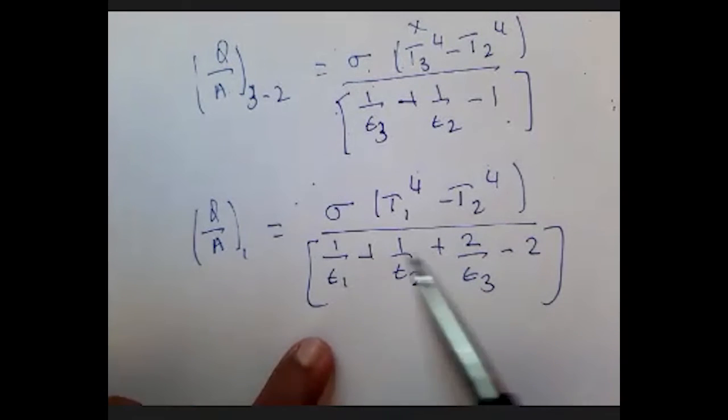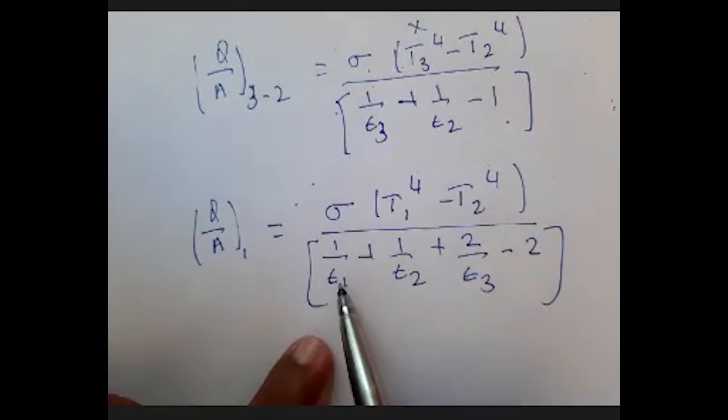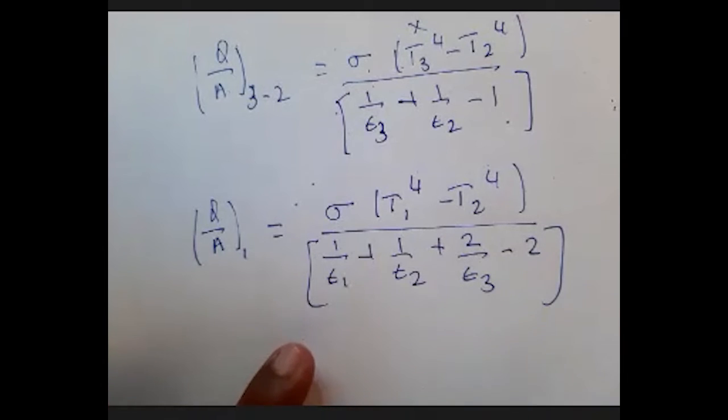So when I use this equation, I know sigma, I know T1, I know T2, I know epsilon 1, epsilon 2, epsilon 3.